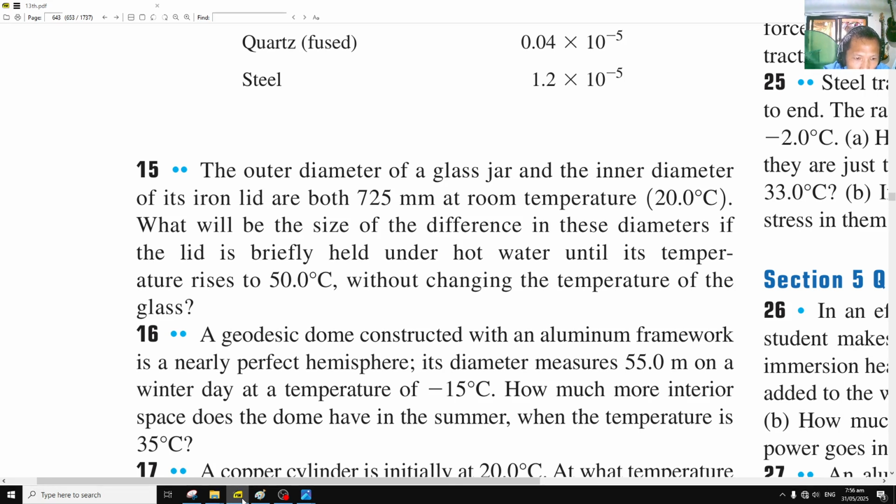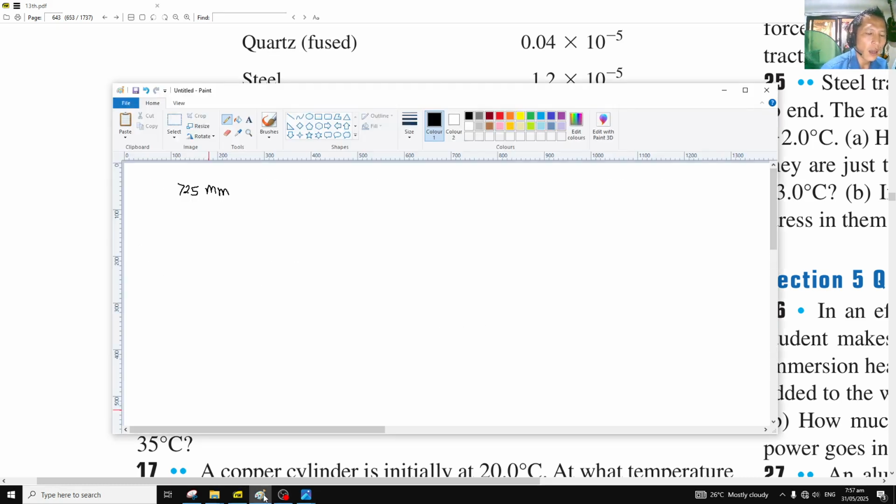Actually, but anyway, we have to solve from 20 to 50. So the steel rises from 20 to 50 degrees Celsius.